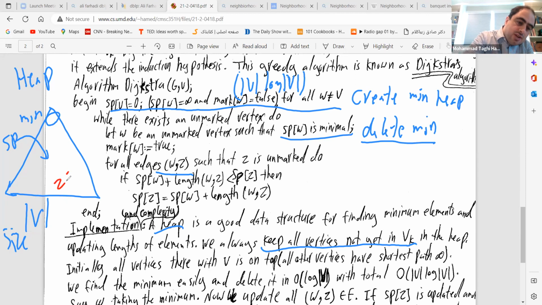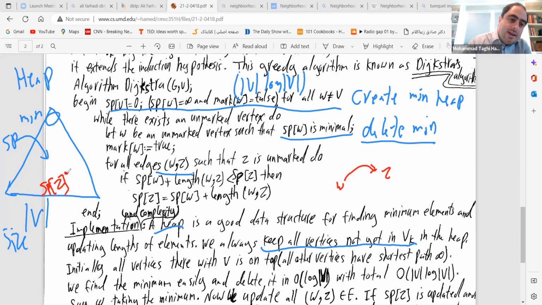For every edge that goes out of W, if the distance through W is less than the current estimate for Z, we will update Z. Now, when we update Z, we will consider here the SP of Z. So SP of Z is here.